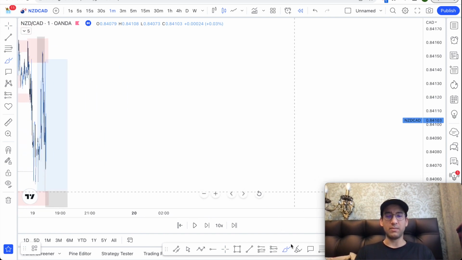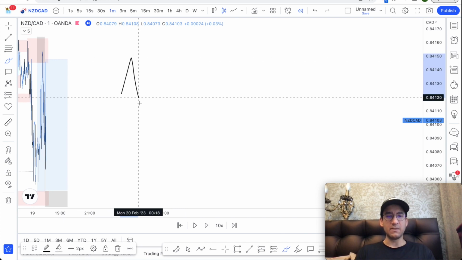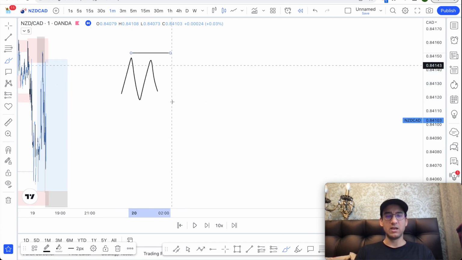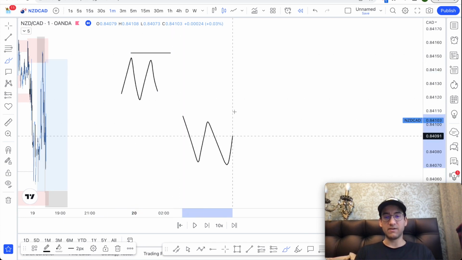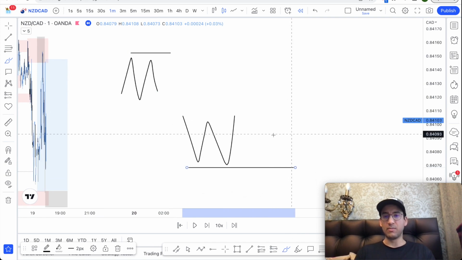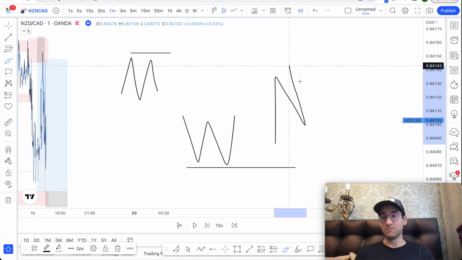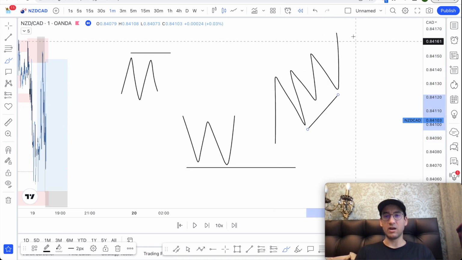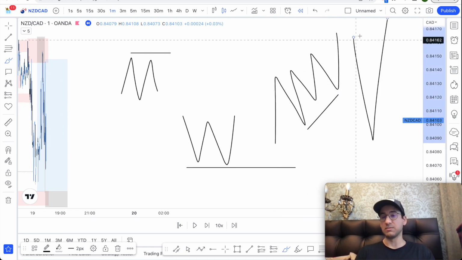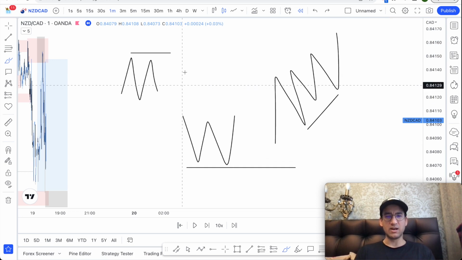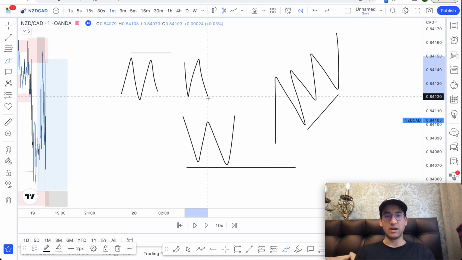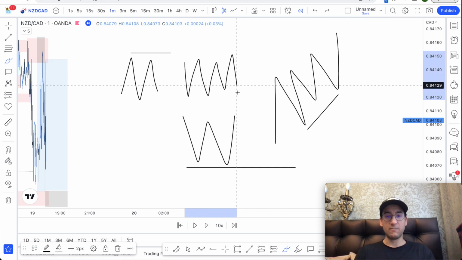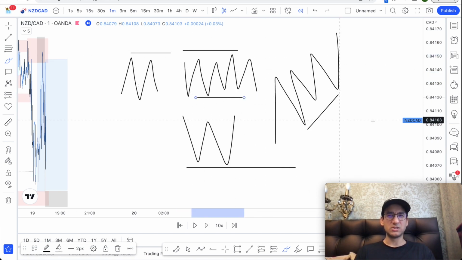A lot of you were probably taught double tops to find liquidity, maybe double bottoms, maybe triple bottoms, maybe also a trend line liquidity setup like this. You find the trend line, you mark it out, wait for price to take it out, and then you go up. I mean, there are many ways. You can also find the range or consolidation area, how consolidation builds like this, and then there's liquidity from the highs and the lows. There's a plethora of ways to find liquidity.